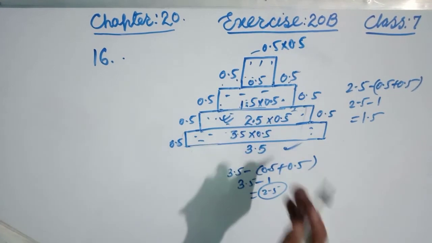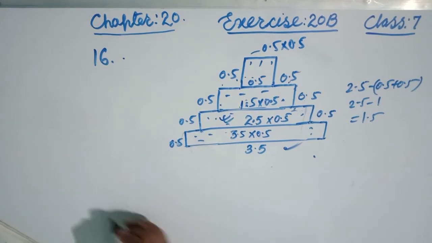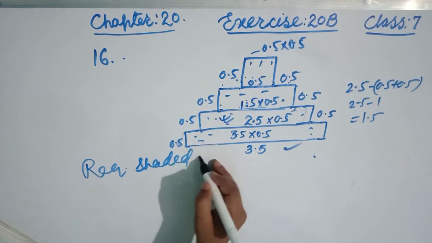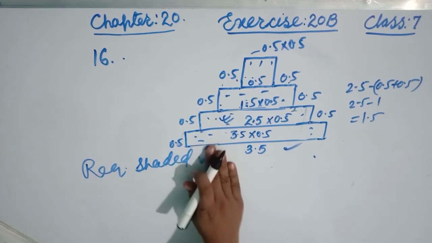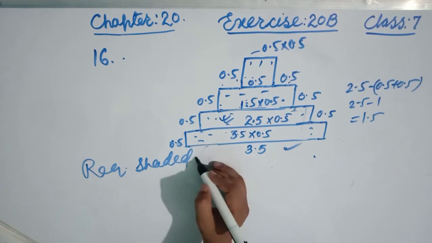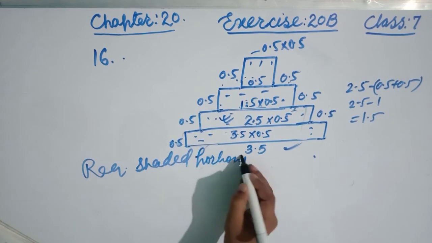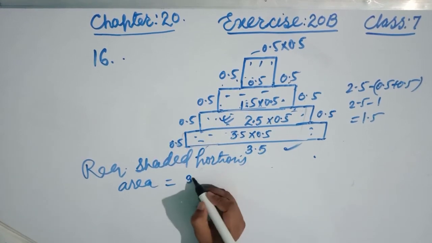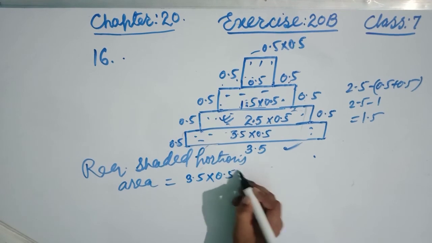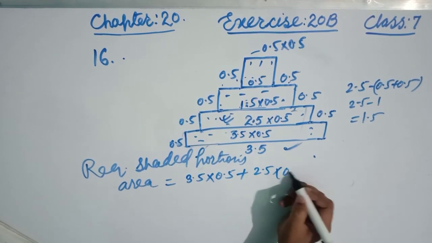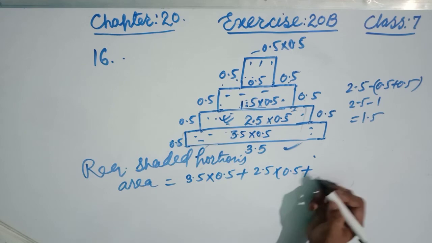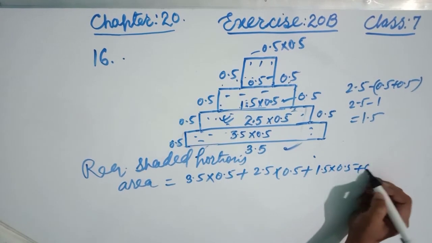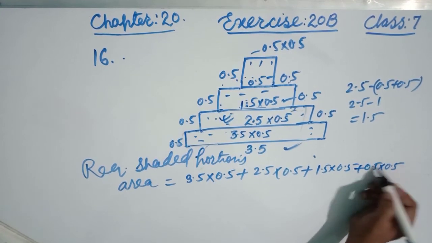Now we add all the areas. Now, friends, the required shaded portion's area is equal to 3.5 multiplied by 0.5 plus 2.5 multiplied by 0.5 plus 1.5 multiplied by 0.5 plus 0.5 multiplied by 0.5.